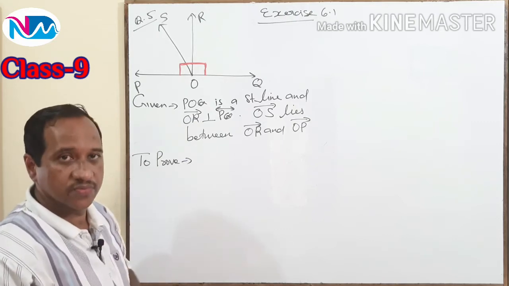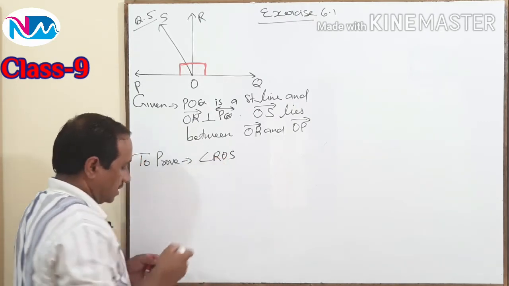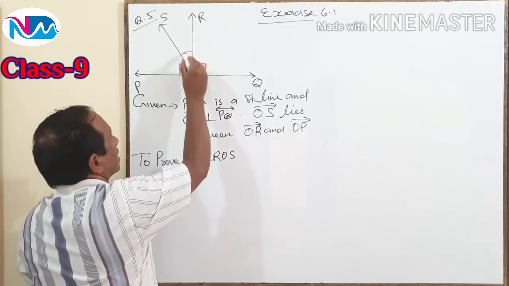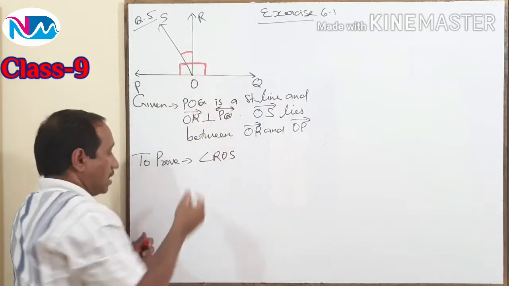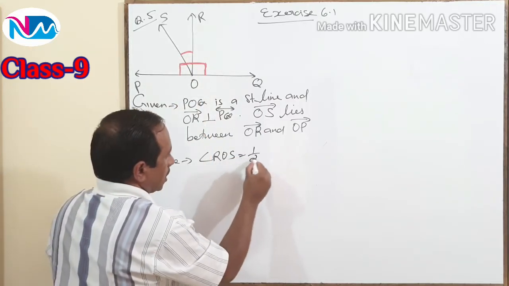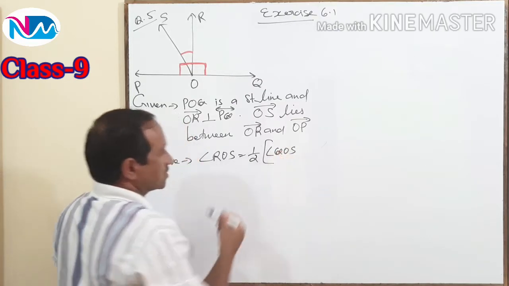So what is given, that we have written, and next is what to prove. We have to prove that angle ROS, this is angle ROS, is equal to half of angle QOS minus angle POS.